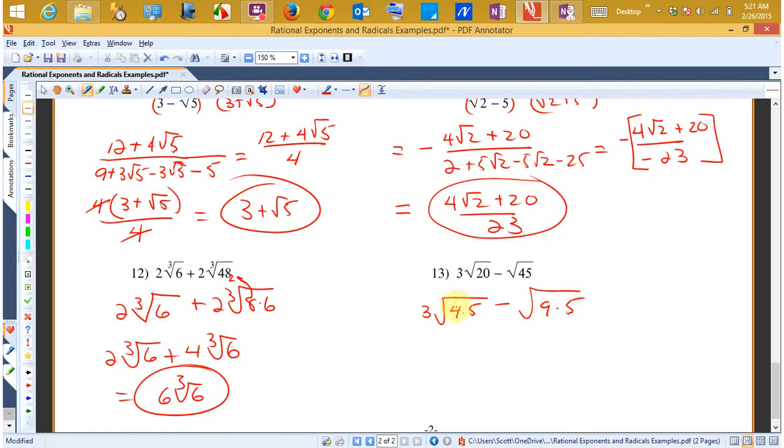So this will come out as a 2. This will come out as a 3. And what I'll end up with is 3 times 2 is 6, times the square root of 5, and minus this 3 comes out, 3 times the square root of 5. So look, I've changed it so that I have the same radical, same powers as the square root. So that's going to be 3 times the square root of 5.